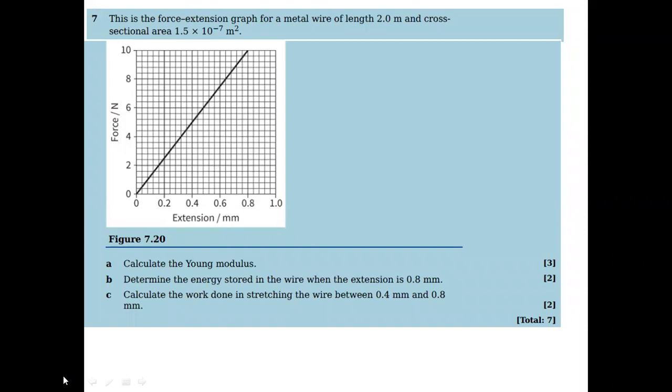The first question is, this is the force extension graph for a metal wire of length 2 meters and cross-sectional area 1.5 times 10 to the power minus 7 meters squared. First, let's write the given values. It will help us to see what kind of equations must be used.